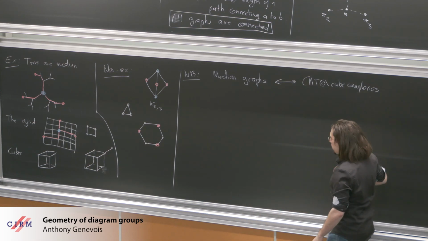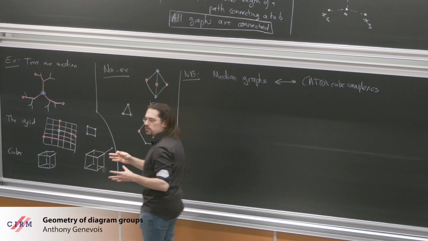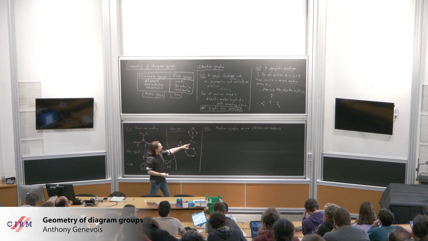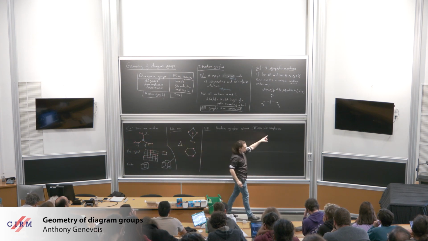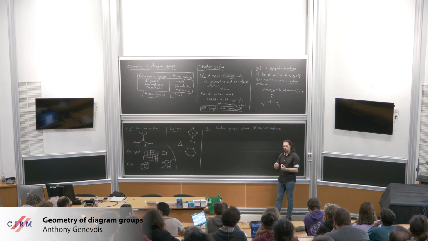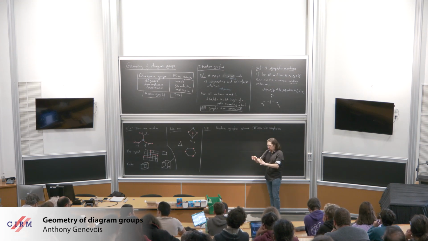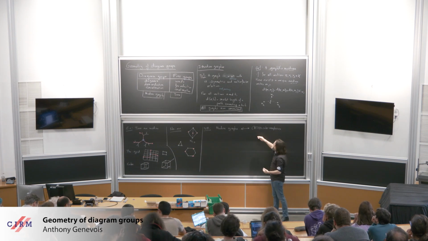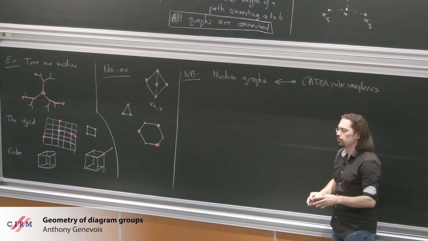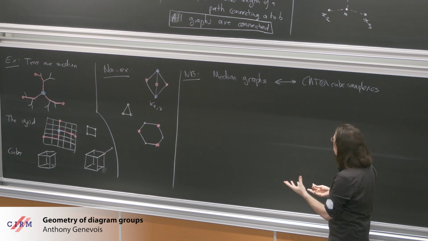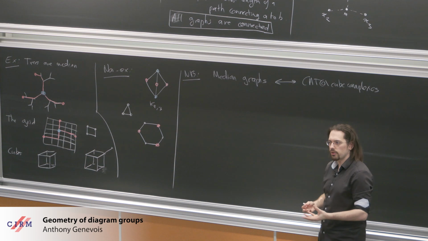A cube complex is just a space obtained by gluing cubes together, cubes of arbitrary dimensions. And the word CAT(0) means that you can put on such a space a metric which in some sense looks non-positively curved. Each cube has a metric, it's a Euclidean space, and you extend this metric to the whole cube complex, and you want this metric to be CAT(0), satisfying some condition I don't want to describe today, but which means that essentially the space has some flavor of non-positive curvature.